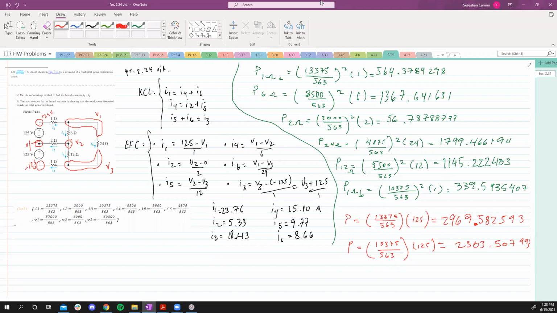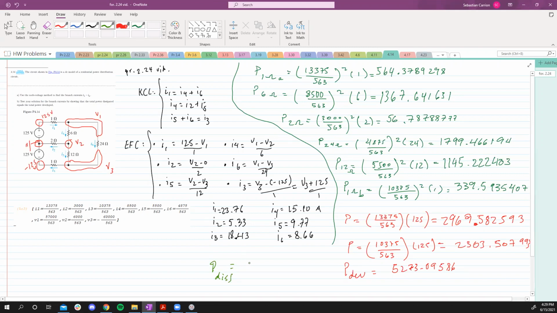Okay, so P total for developed maybe 09, and then P dissipated is gonna be, cool.